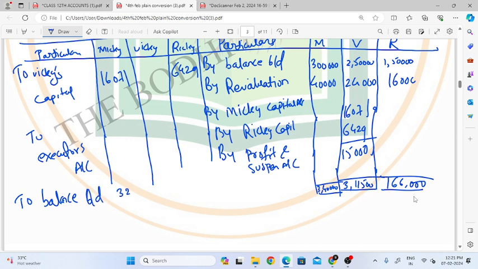Then Vicky's we have to pay it to the executor, and we will not take it to the new balance sheet. Okay, whatever the balancing figure we are getting, we are not going to take to the new balance sheet.